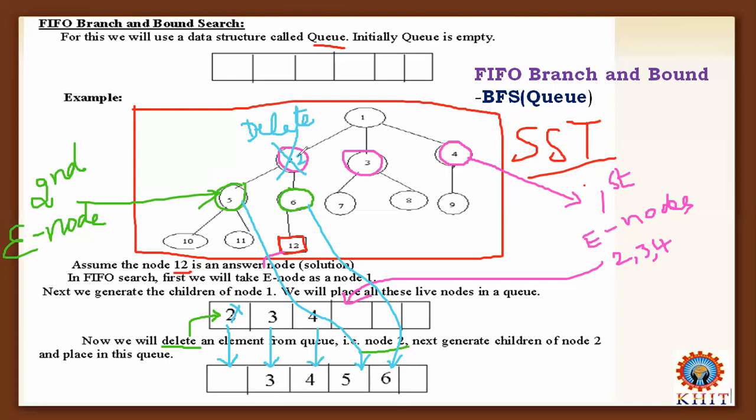If node 2 is removed, the second-level E nodes are moved to the first level of E nodes. So these 4 nodes are considered active nodes in this scenario: node 3, node 4, node 5, node 6. These nodes are to be placed in the queue. Students, this is very important. I hope you clearly understood the concept very well.